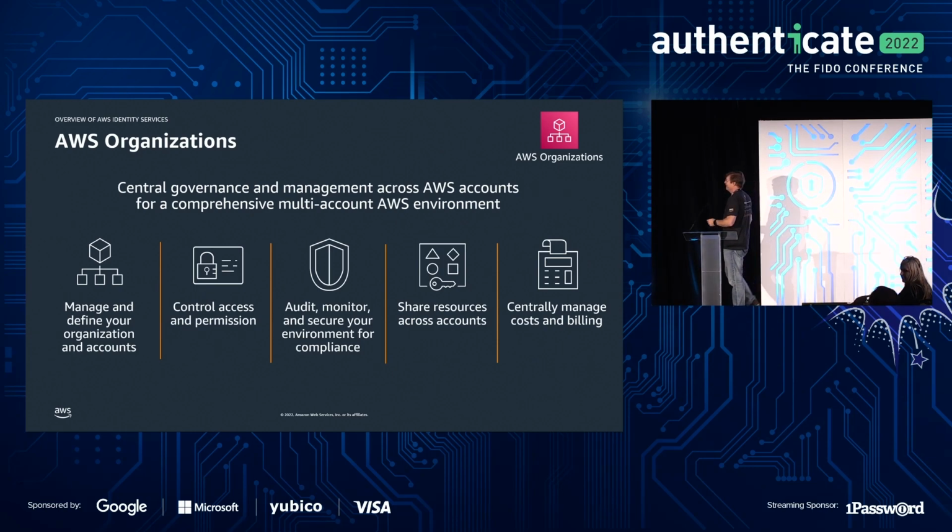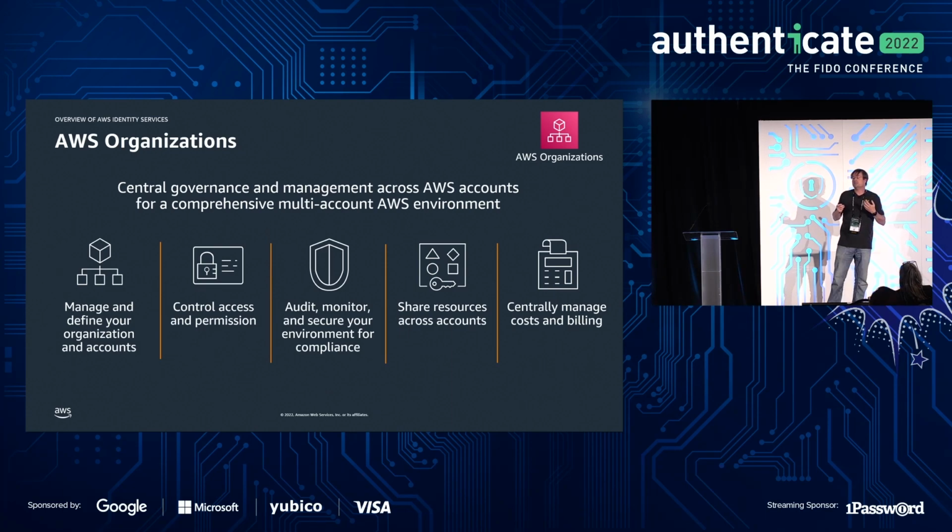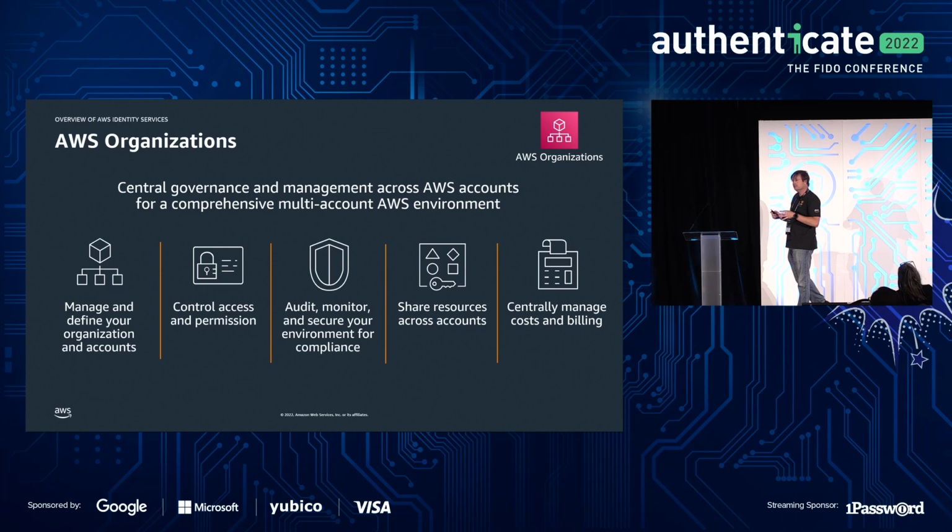Okay. AWS Organizations. I was saying a lot of the problems we have are problems of size and scale. And AWS Organizations gives you the capability to build a whole hierarchy of your org. Before, you'd have 10, 100, 1,000 AWS accounts without necessarily a lot of formatting to it.